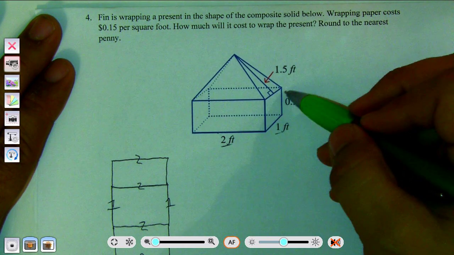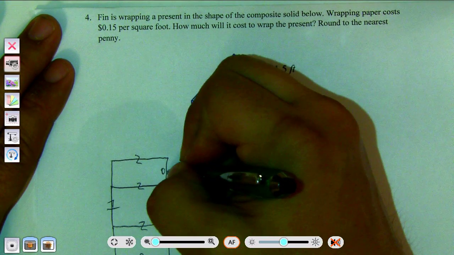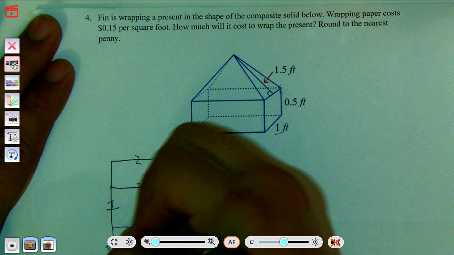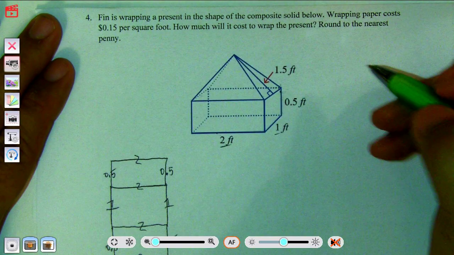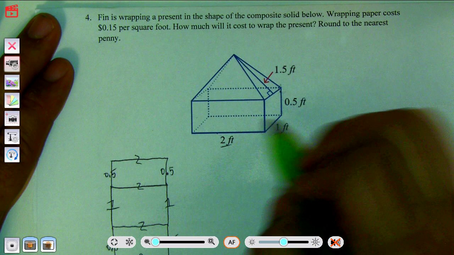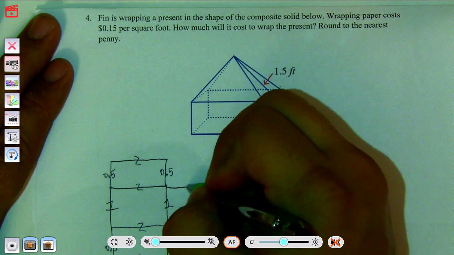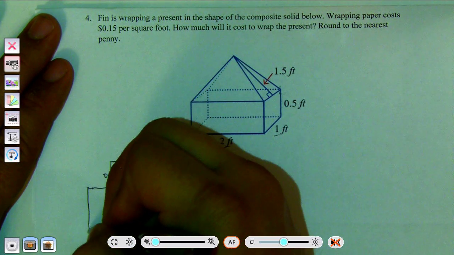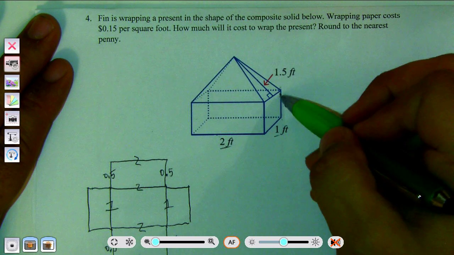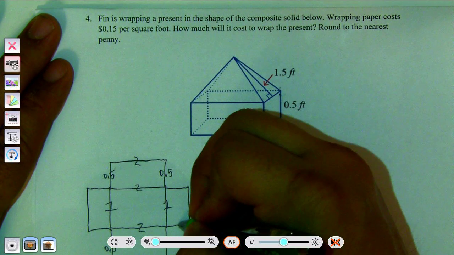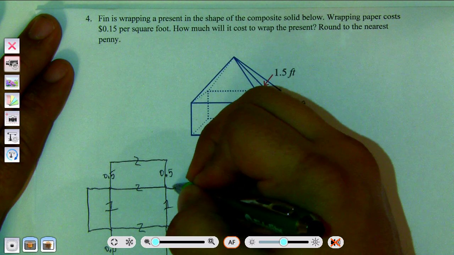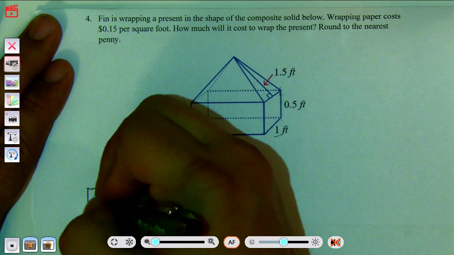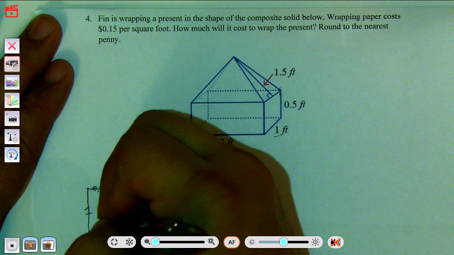And then this is the front and back rectangle, 0.5. I've got the sides, the left and the right side, which are 1 by 0.5, so 1 by 0.5, 0.5, 0.5, 1, 1, 0.5, 0.5.